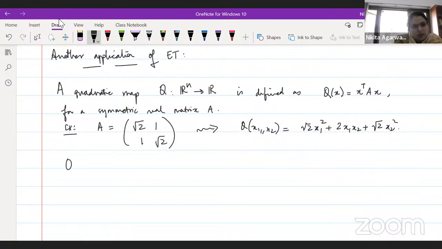There is a conjecture called the Oppenheim conjecture, which states the following.